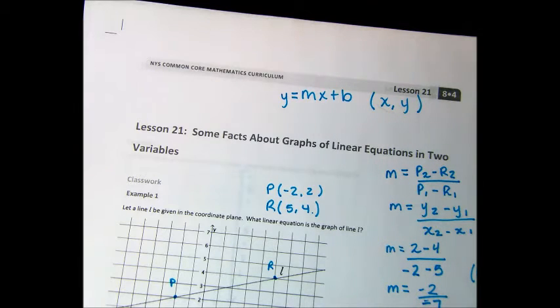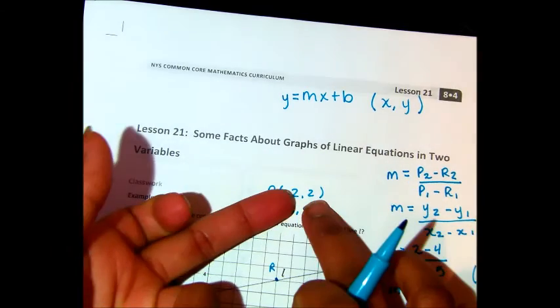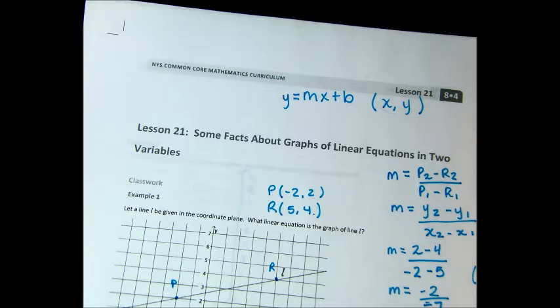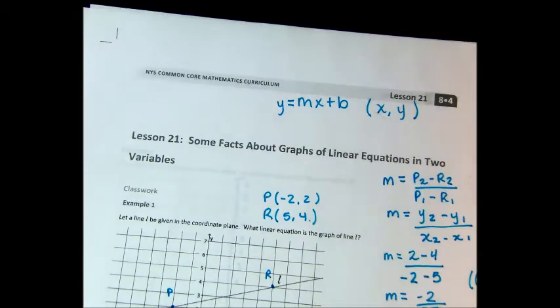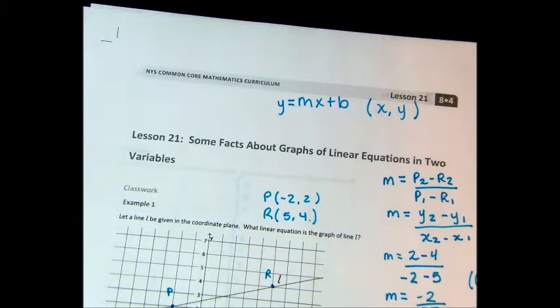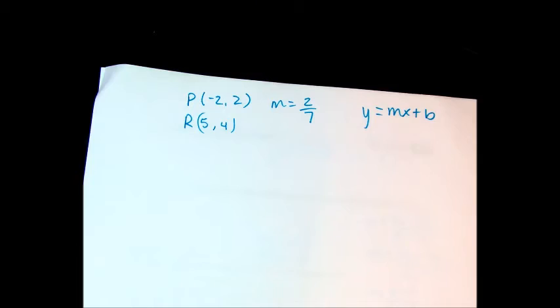This should help us find the value of b. So we have found 2 points that represent variables x and y that we should be able to plug into this equation to get b alone. So I'm going to go over to some scratch paper. I recommend that you do too.